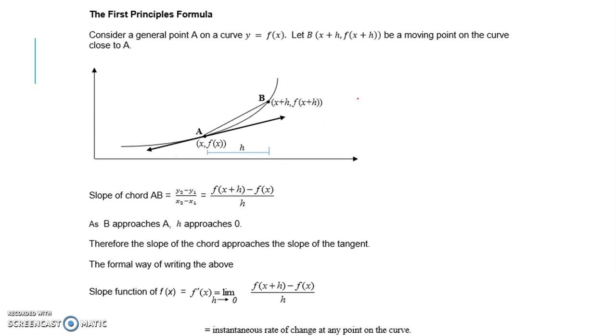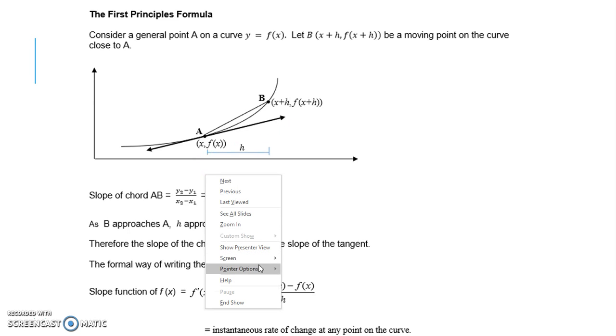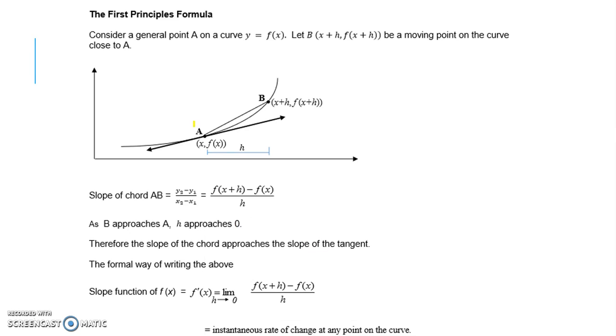So generally, if we consider a point on a curve, A, and we want to find the tangent on this point, let me get the highlighter. At the point A, we want to find what the gradient of this tangent is.